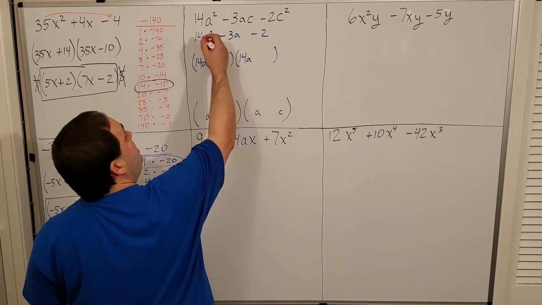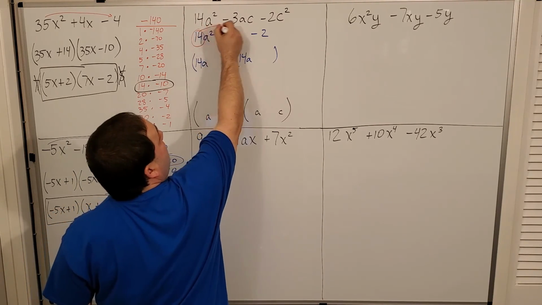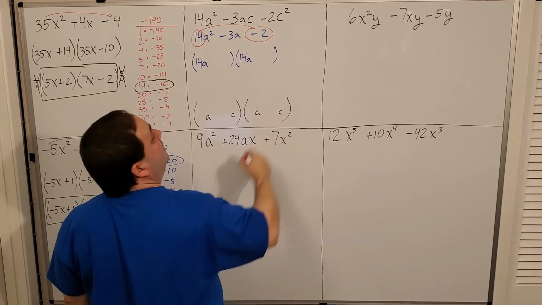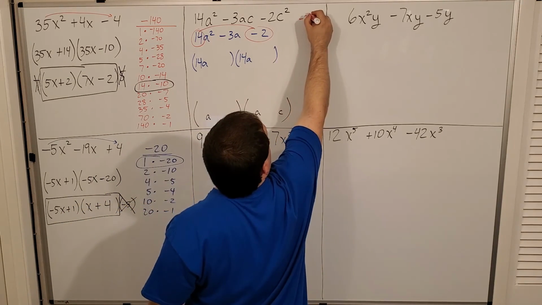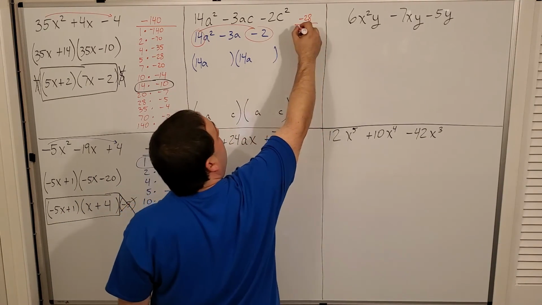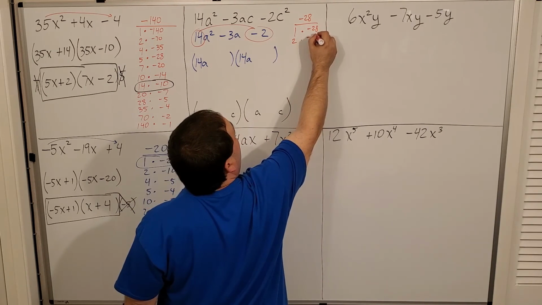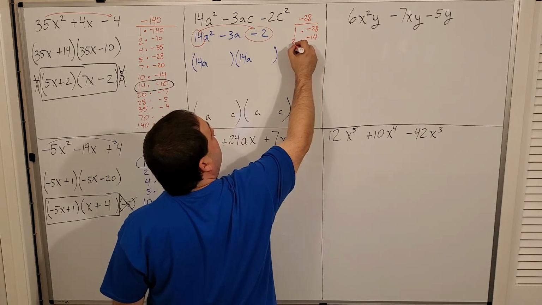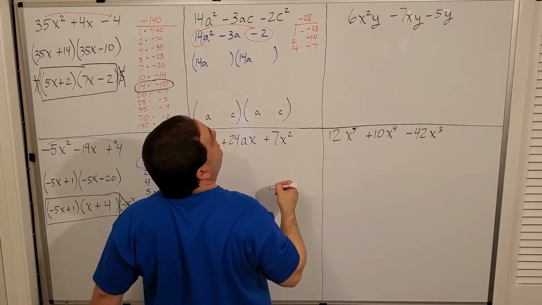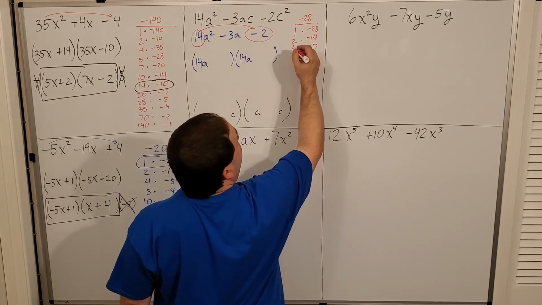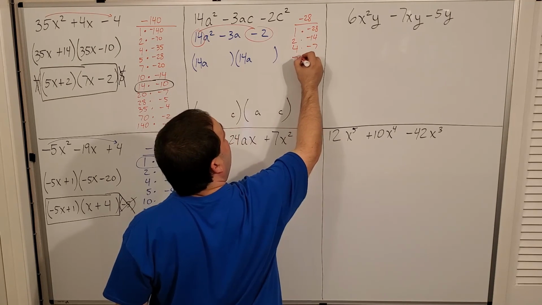A times C is going to be 14 times negative 2. That gives me negative 28. So I've got 1 times negative 28, 2 times negative 14, 3 doesn't go, 4 goes times negative 7, 5 doesn't go, 6 doesn't go, 7 is the repeat.